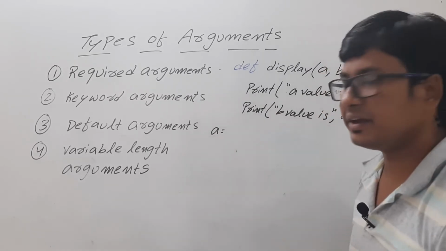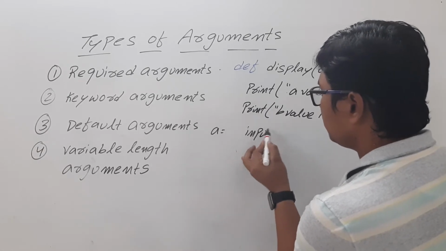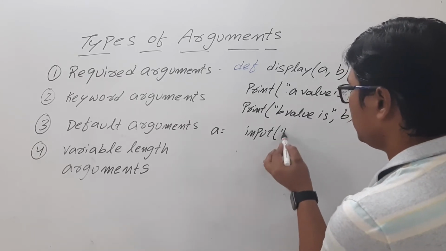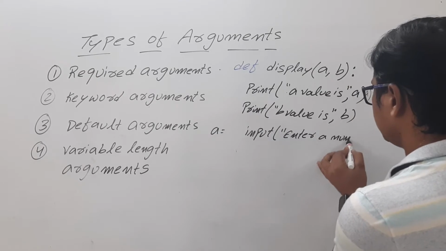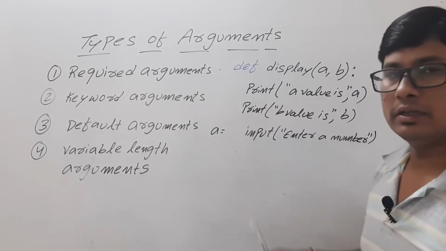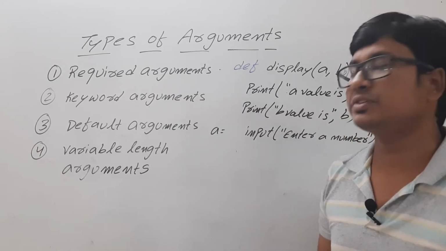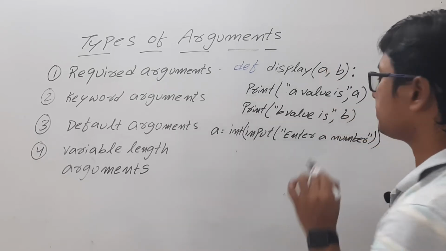So I will write a is equal to, read the input from the user, we will use a predefined function called input. Now we know that the input function will return any value in the form of string, but I want to convert it into an integer, so I will do the typecasting.